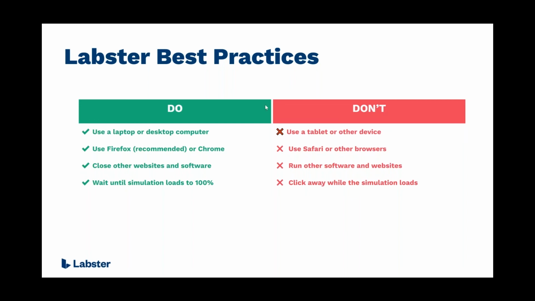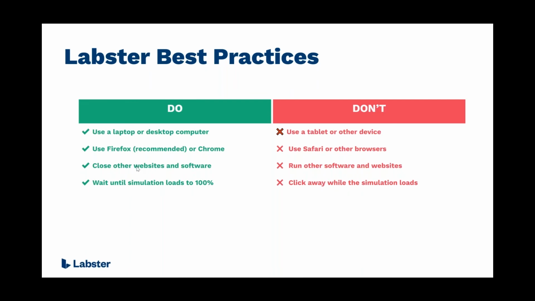Next would be to make sure students use Labster with Firefox, which is our recommended browser, or Chrome. If students are launching Labster with Safari or any other web browsers, they will encounter some loading issues. So just make sure they use Firefox or Chrome.